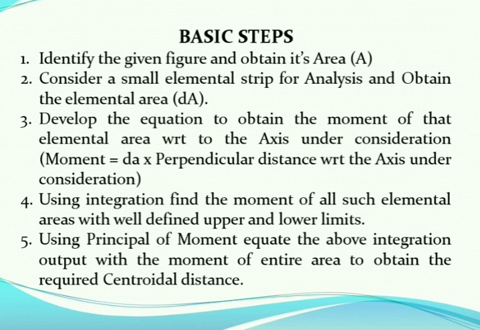Then in the fifth step, we use the principle of moments. What does the principle of moments say? The moment of all the elemental areas about any axis is equal to the moment of the entire area about the same axis. We use this principle to obtain the required relationship.